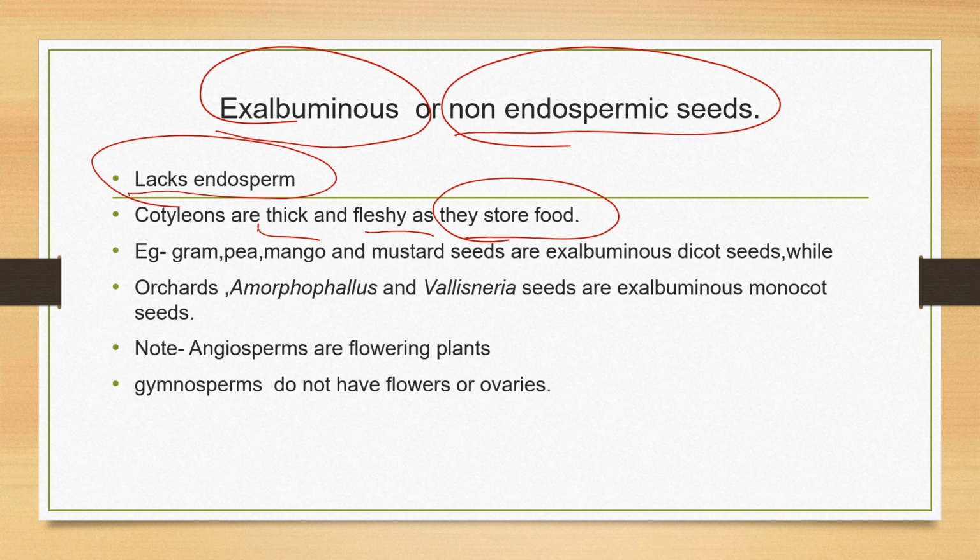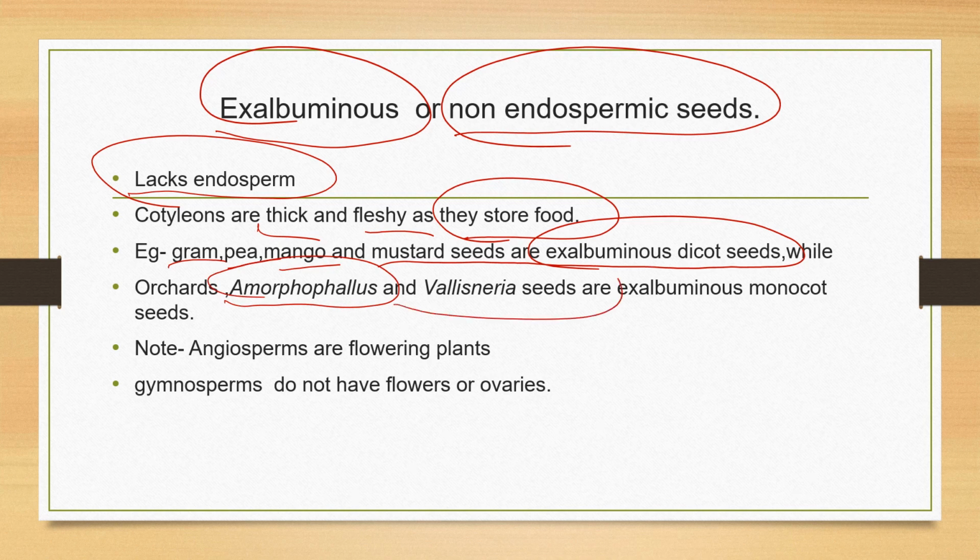Now what are the examples? Gram, pea, mango, mustard seeds are exalbuminous dicot seeds, while orchids, Amorphophallus and Vallisneria seeds are exalbuminous monocot seeds.